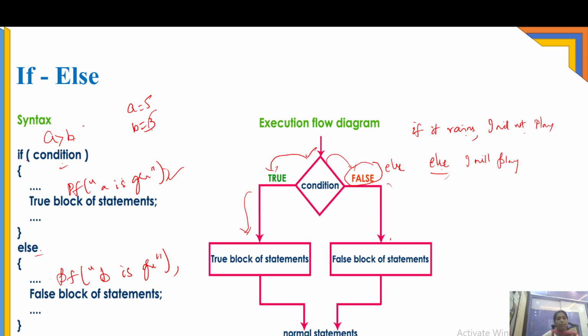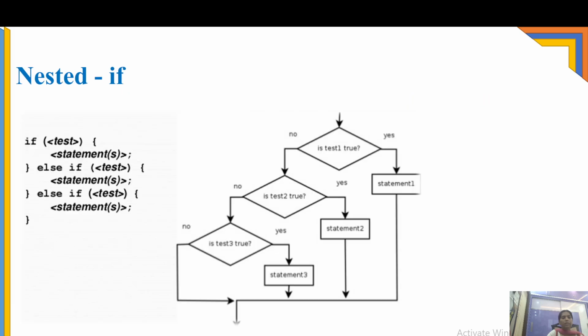If, for example, B equals 6, is 5 greater than B? Condition true or false? False, right? So the if statements will not be executed, it will directly come to the else part, and the else statement will be executed. "6 is greater" will be printed. This is about if else.